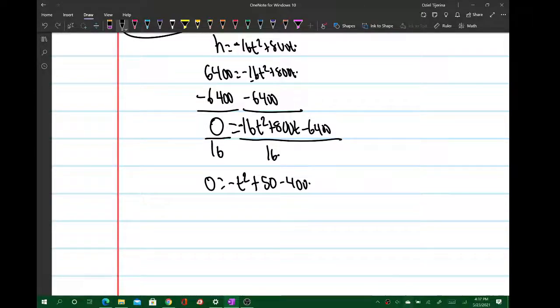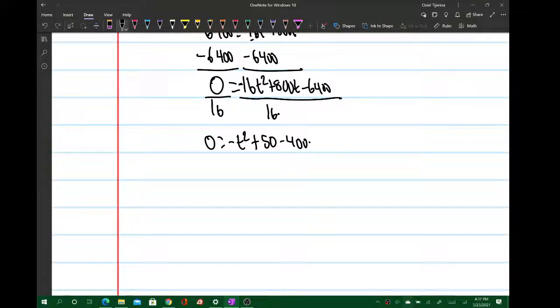Now, if you don't like working with a negative in front of your variable, you can divide this by negative 1.